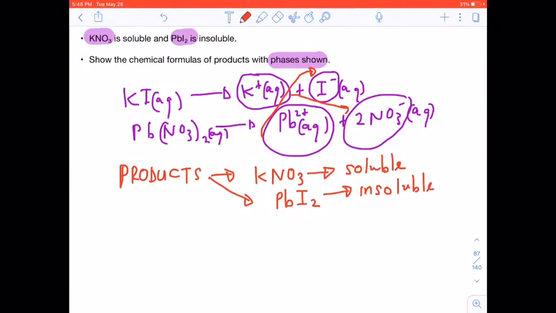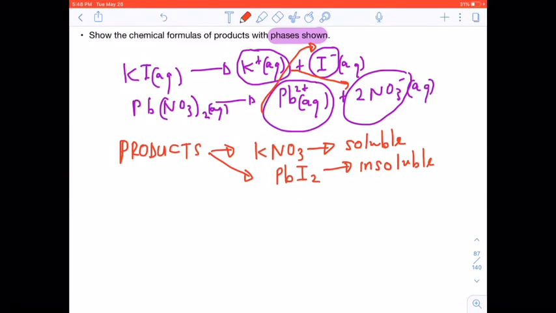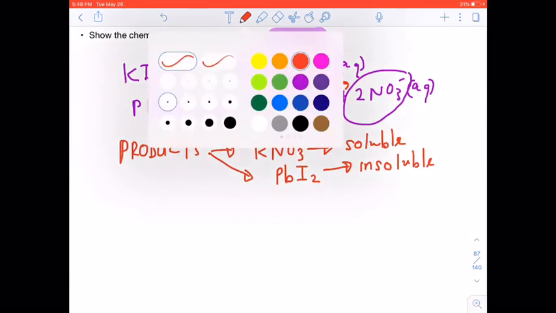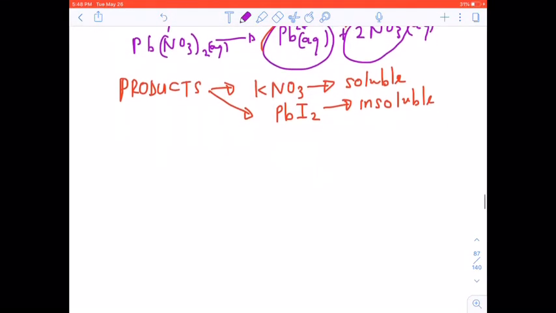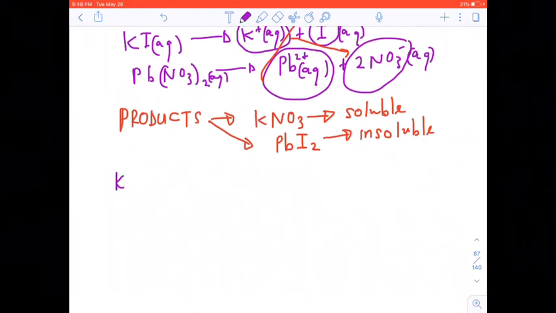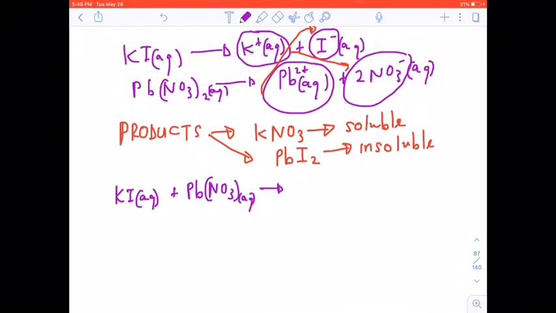Okay, so if you have to write the equation for this, we say, all right, getting back to that, we say KI aqueous plus Pb(NO3)2 aqueous, right? Which gives us KNO3 aqueous plus PbI2.